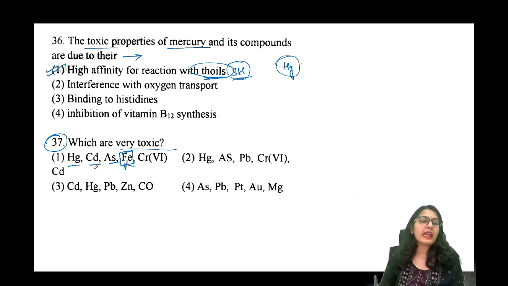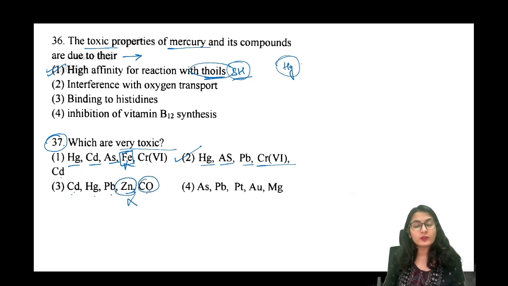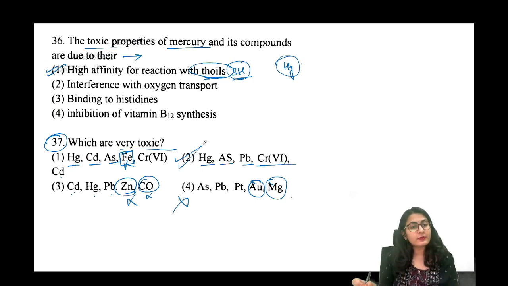Chromium, cadmium, okay. Mercury, arsenic, lead, chromium 6, all of these. आगे चलते हैं, cadmium, mercury, lead, zinc is again non-toxic, cobalt is also trace required, तो ये भी गलत है. Again here gold is not toxic, magnesium is required in both endo and exoskeleton, तो ये भी wrong है. तो correct answer is going to be 2.